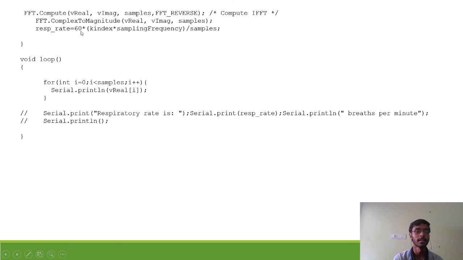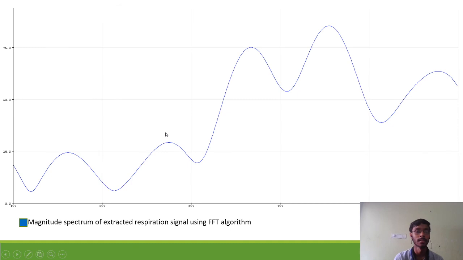And we calculated the respiration rate in a similar way, 60 times k index times sampling frequency divided by samples. We printed this in the void loop. The first is for printing the respiration signal, and the second is printing the output in breaths per minute. So this is part of the respiration signal, not the whole signal.